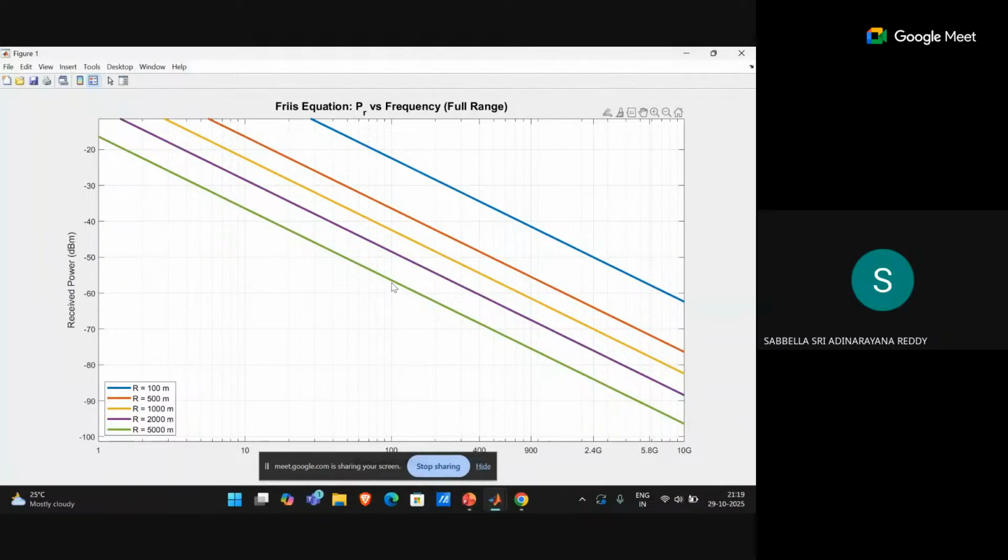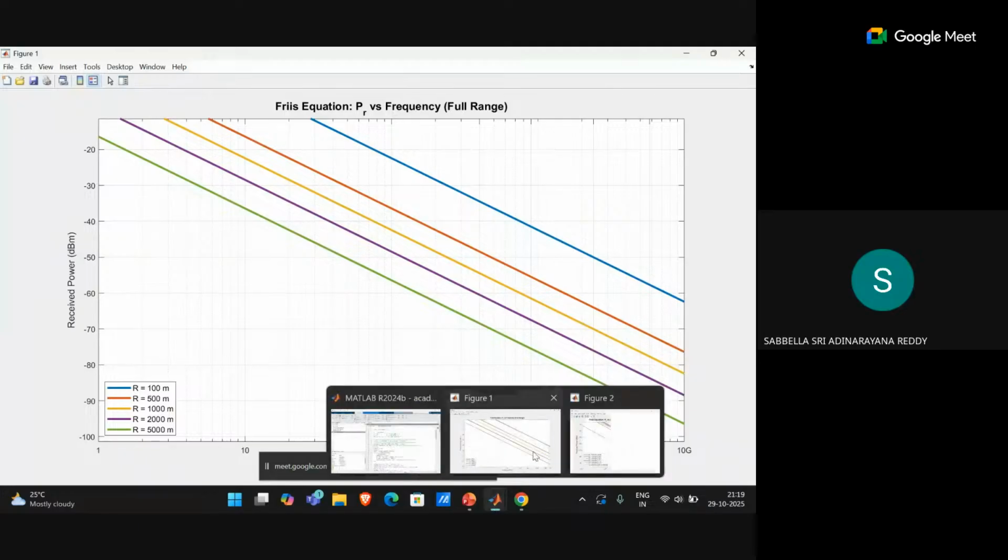At that constant frequency, if the distance is 100 meters, then the attenuation is very less, near to minus 20 dBm. And if the distance is 500 meters, the attenuation is going to increase. This signifies that if distance increases, then the attenuation is going to be more, and the power that is transmitted to that distance will be less.